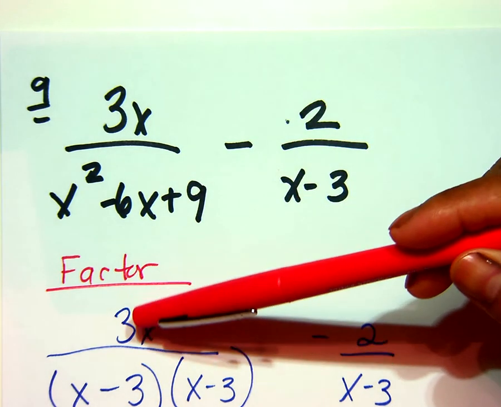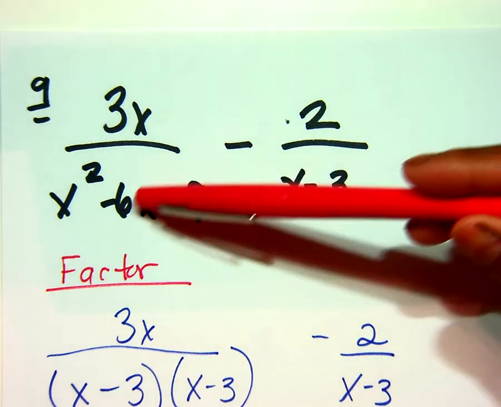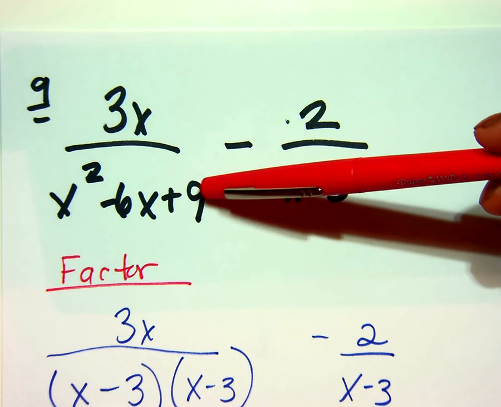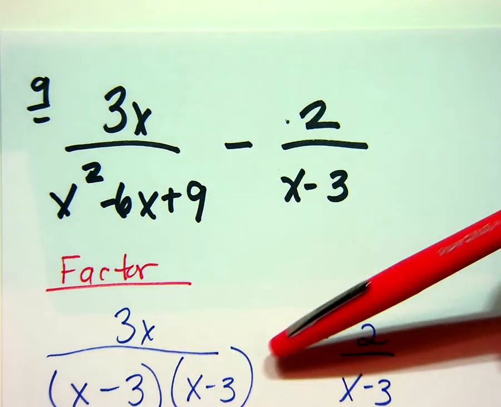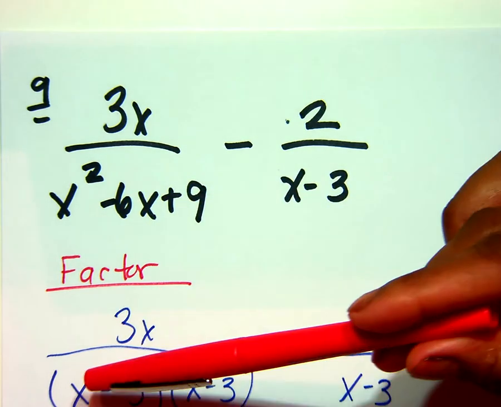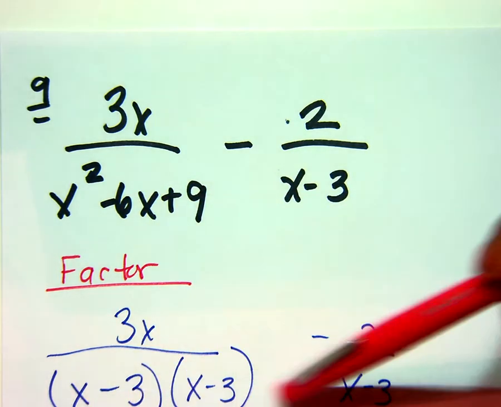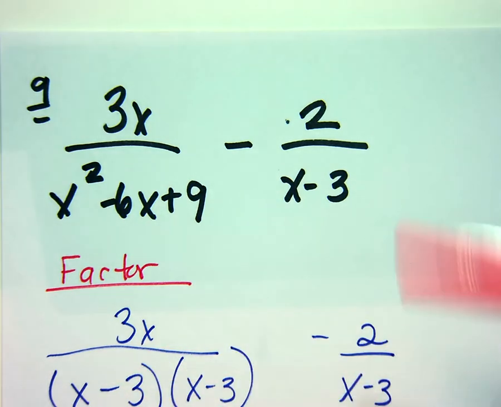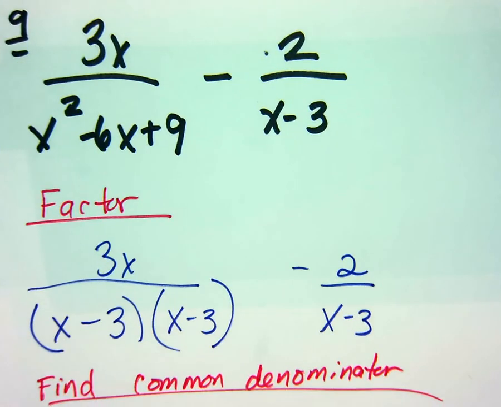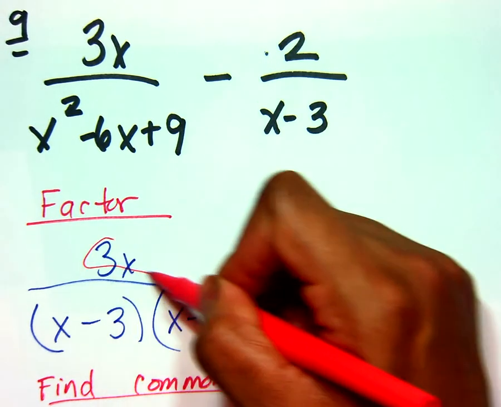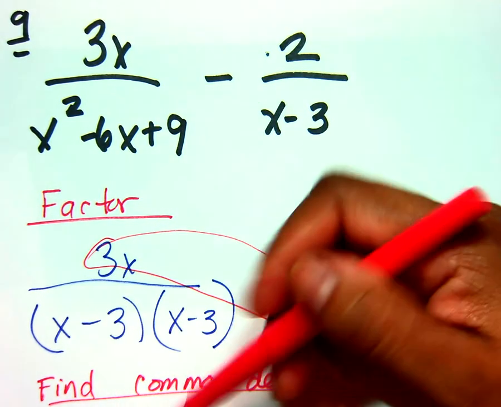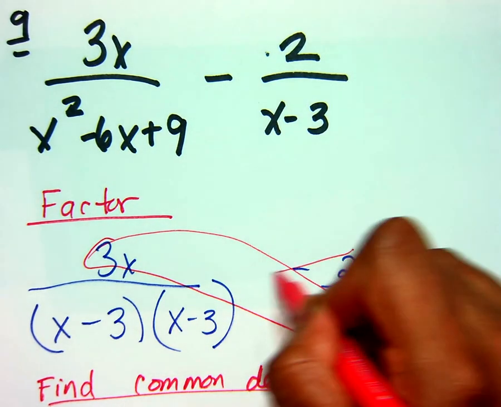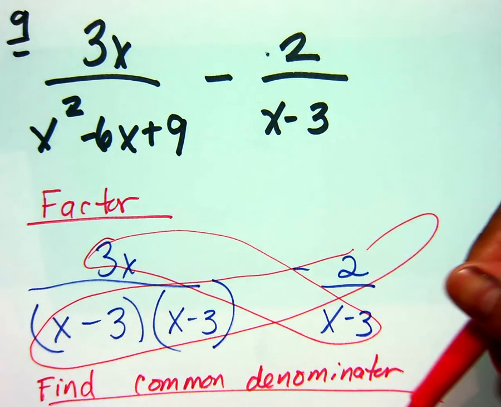So now I have 3x times x minus 3, x minus 3, because the square root of 9 is 3, and then 3 plus 3 gives you 6. So we've got all that. So multiply the entire bottom part, all the denominators. So when I cross multiply, I'll have this. Therefore, that has that. Then I have to do this, which is all of that.